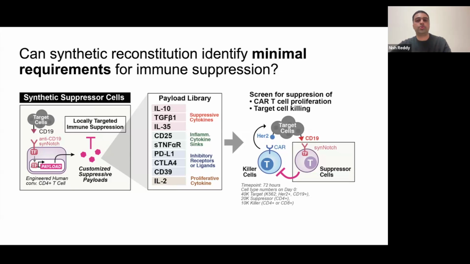And so to show initial proof of principle, we engineered these CD4 T cells with a SynNotch circuit that recognizes a model antigen, CD19, and induces the production of these custom suppressive payloads. We explored a diverse set of different immunosuppressive agents that we know from the literature, such as suppressive cytokines or inflammatory cytokine sinks, inhibitory receptors, or also signals that promote proliferation of cells.